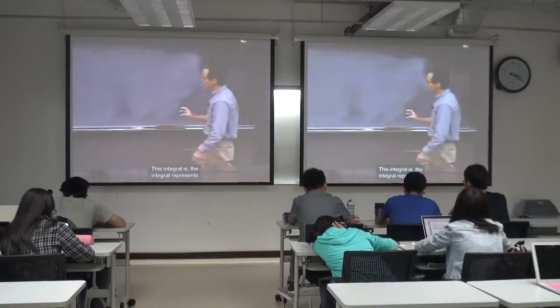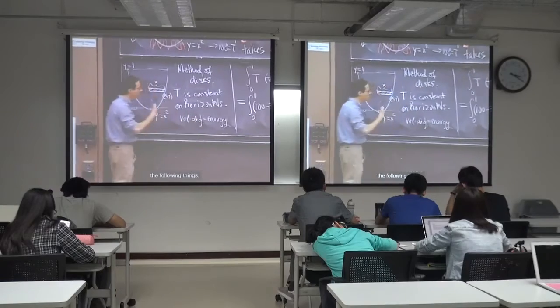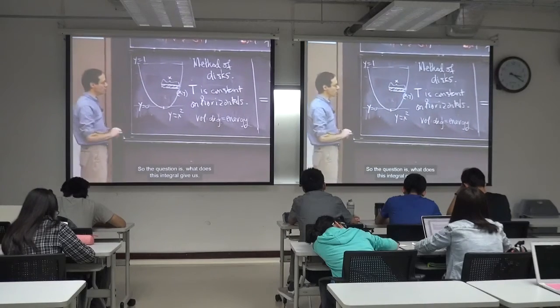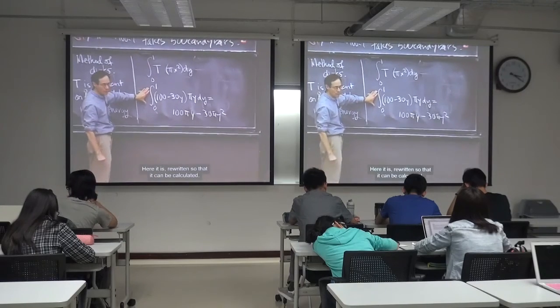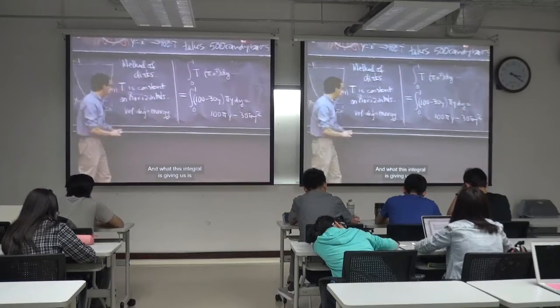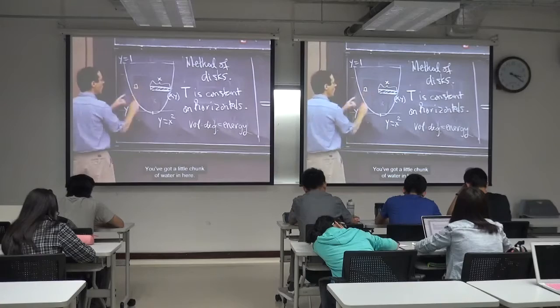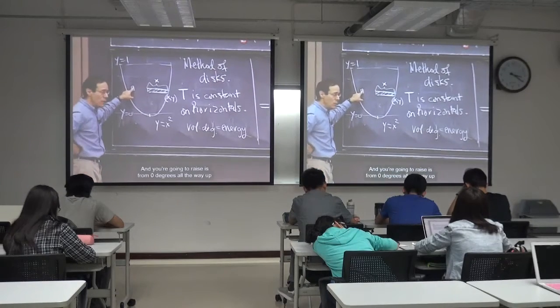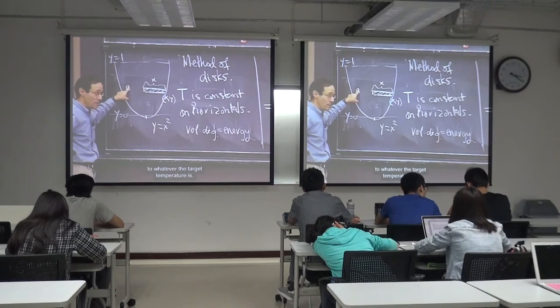The question is, what does this integral give us? So here's the integral, rewritten so that it can be calculated. And what this integral is giving us is the following thing. You've got a little chunk of water in here, and you're going to raise it from 0 degrees all the way up to whatever the target temperature is.